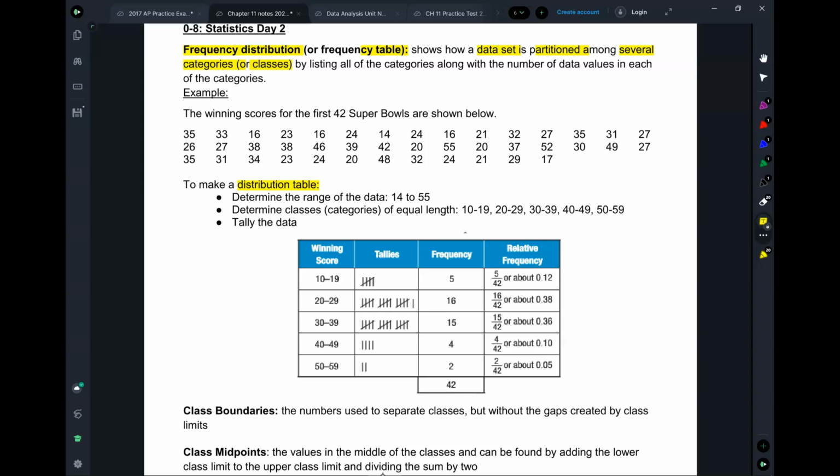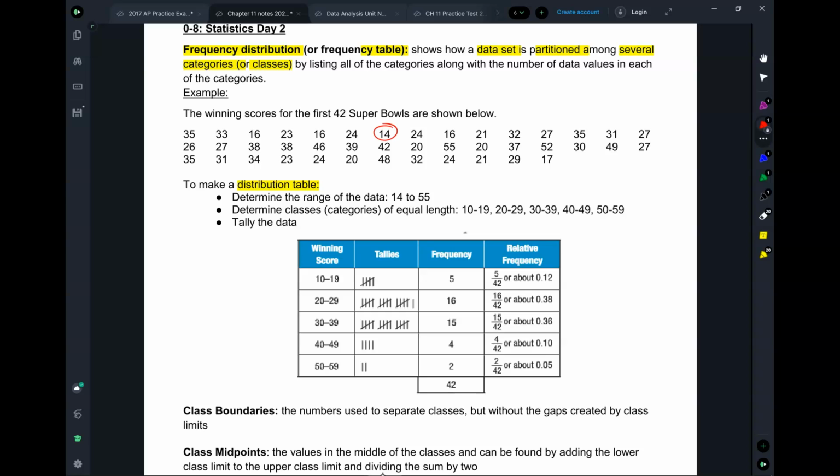Now, to do that, you have to look at the data that you have. You have to see how the data is separated to begin with, and that's how you figure out the categories or the classes to make. You can see the numbers go from 14-ish to something in the 50s or 60s, right?